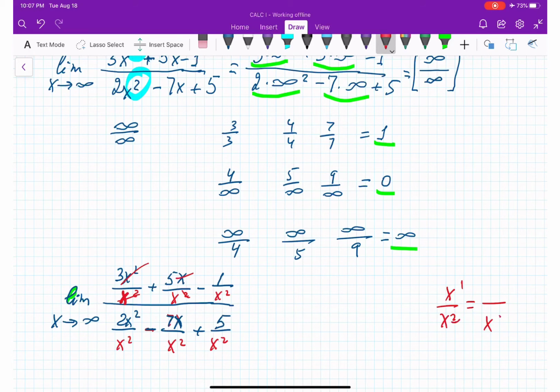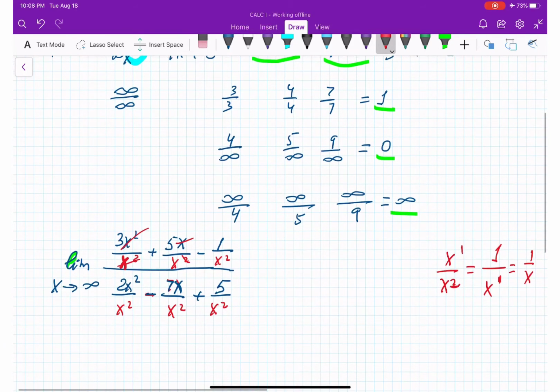So 2 minus 1 is 1, and I write it where the 2 is. Now we don't need to write down 1, I'm getting 1 over x, right? So that's why x is gone, and instead of 2 I'm getting 1. And this one, 1 over x, we know that a number over infinity is going to be 0. It's heading to 0.